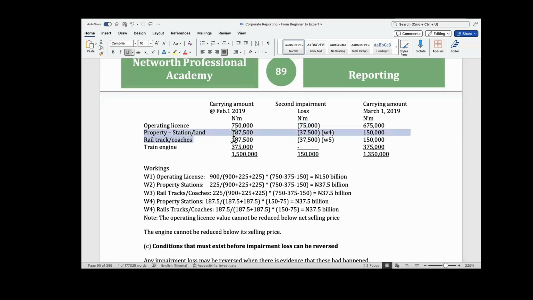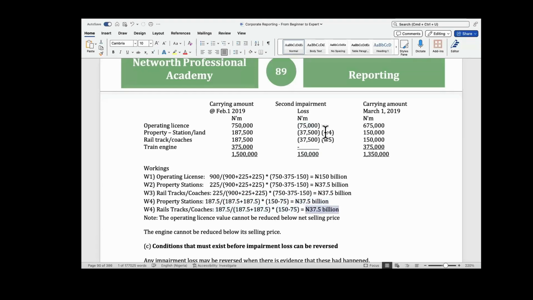Since we know that these ones are book carrying amounts, they didn't tell us the selling price, so we can allocate it on a pro rata basis, and that's what I have here. 187.5 divided by the total 187.5 multiplied by 75. That gives us 37.5. Since they are the same figure, 37.5.